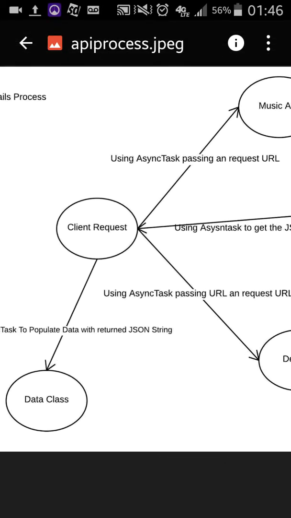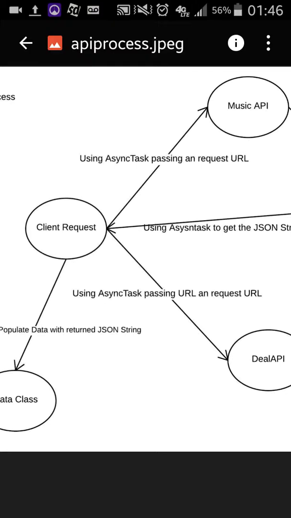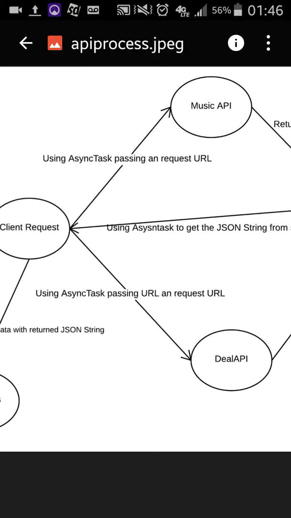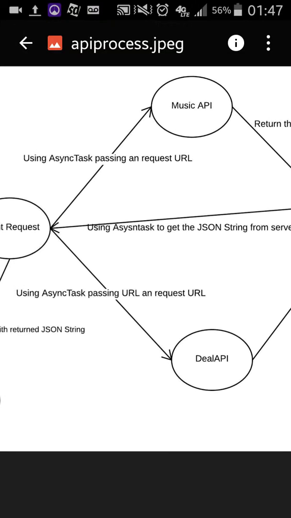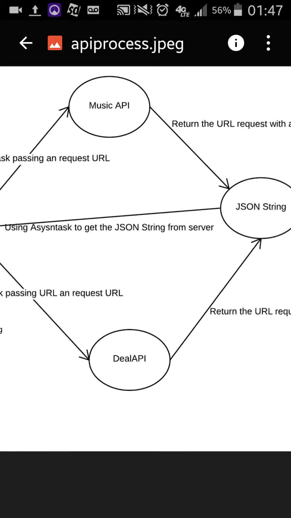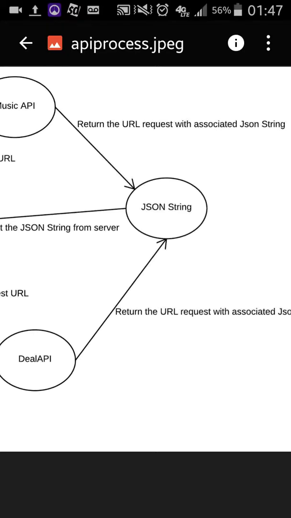Here is the detailed workflow for the API process. The client requests, passing the URL request using AsyncTask. You can see here using AsyncTask to pass a URL request to the music API and the deal API, and the API returns the JSON string associated with the request.